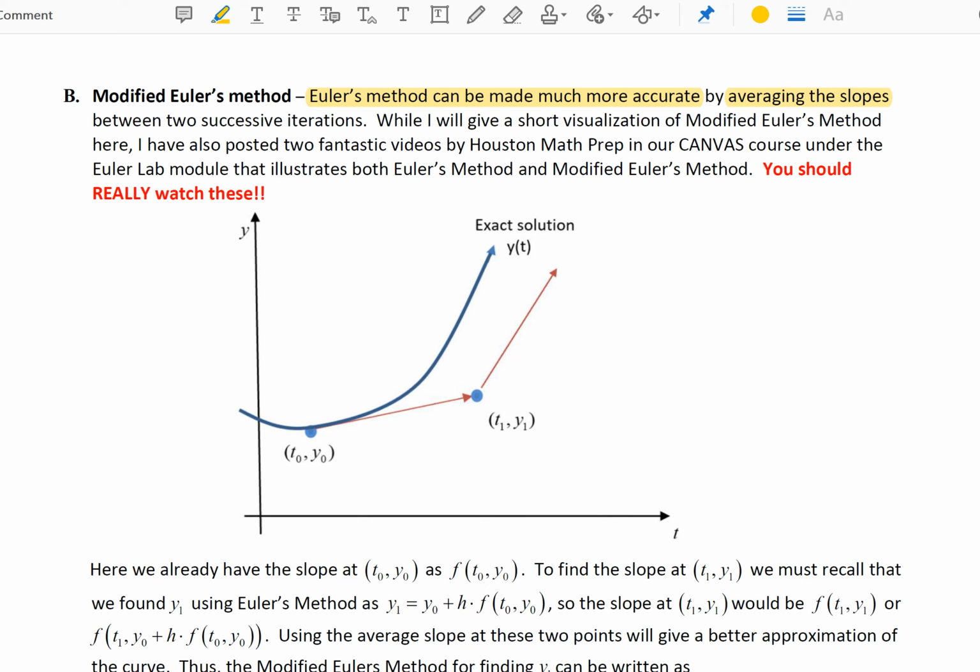While I will give a short visualization of modified Euler's method here, I have also posted two fantastic videos by Houston Math Prep in our Canvas course under the Euler Lab module that illustrate both Euler's method and modified Euler's method. You should really watch these. They are great videos.